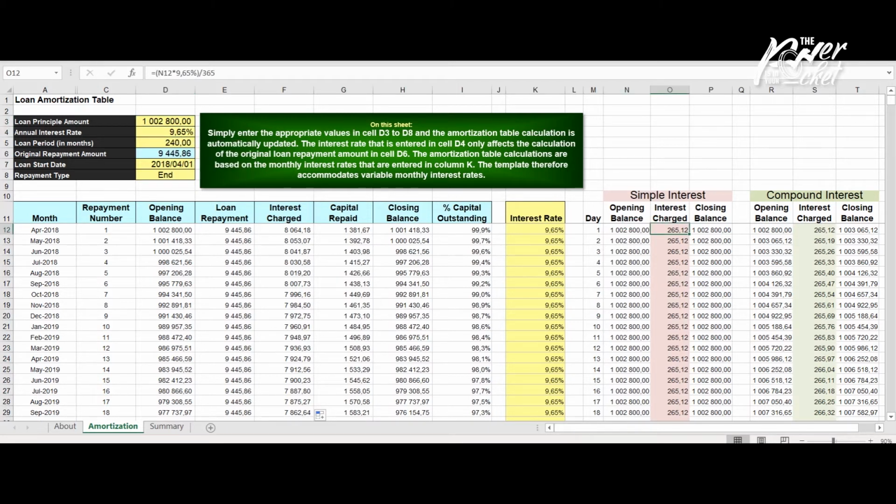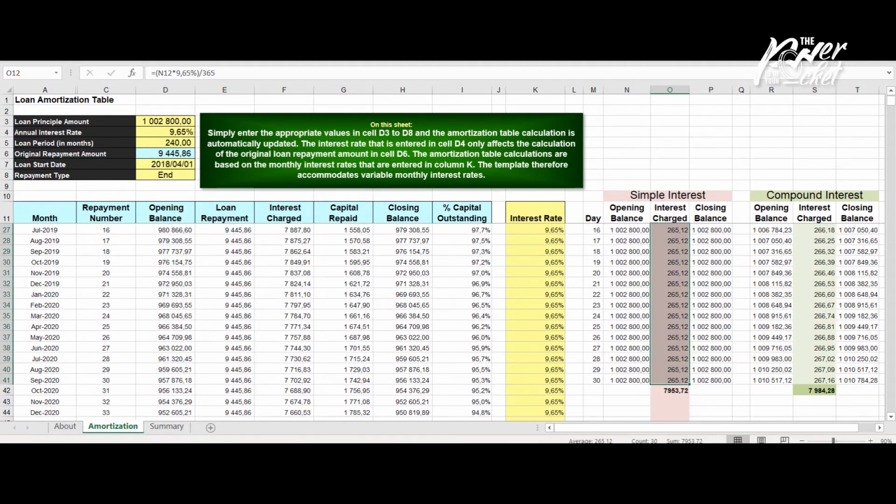But now to calculate it daily, just focus on this formula here. You need to divide it by 365 days in order to get the daily interest rate. The interest calculated for that month is 7,953 rand and 72 cents.